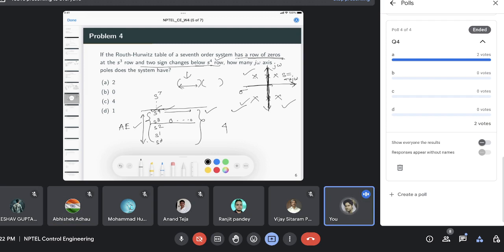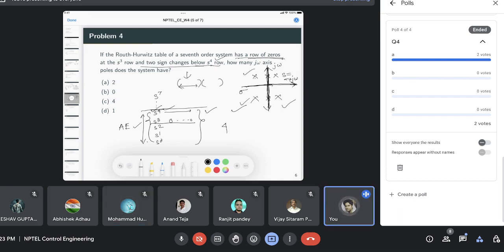Okay, I think you misunderstood the question. First thing is that whenever these poles are there, they should be in pairs, right? Unless they are on the real axis. Is it clear? Yes, sir.